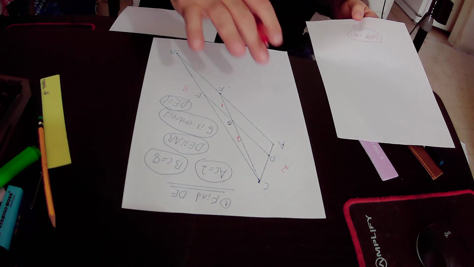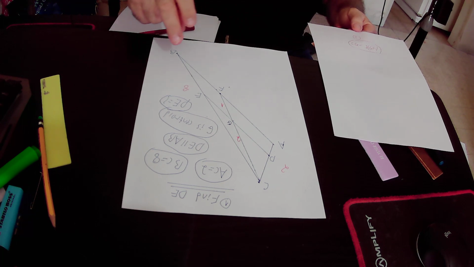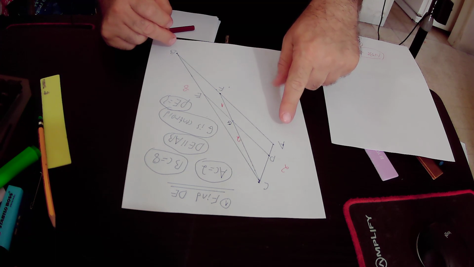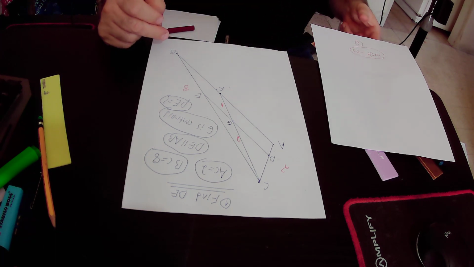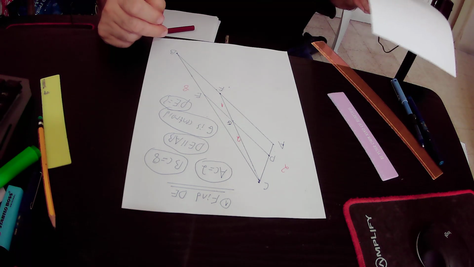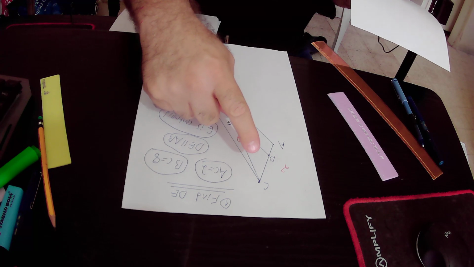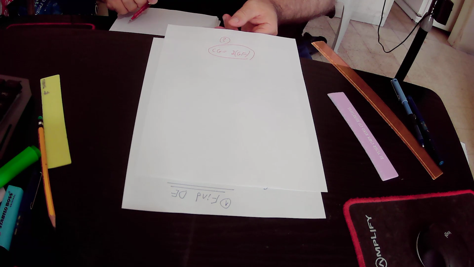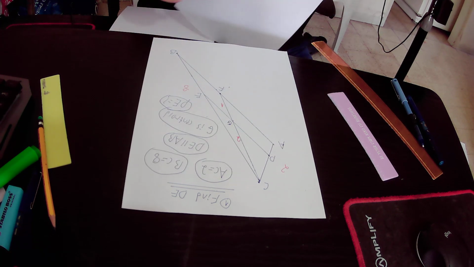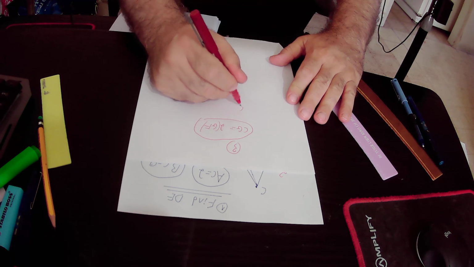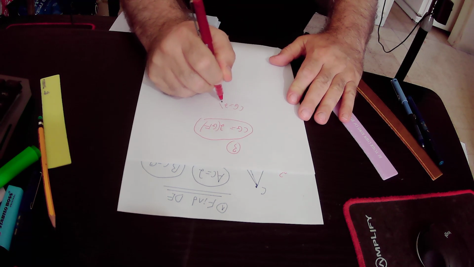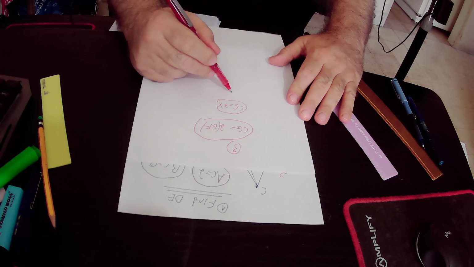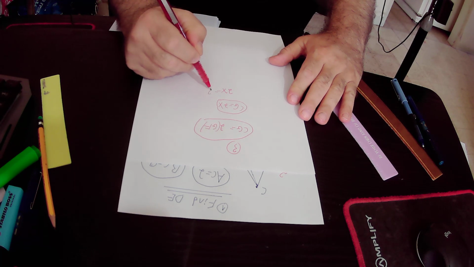Actually, CF is the median of triangle ABC, that is to say, it bisects side AB, or it divides side AB into 2 equal parts, AF equals FB, and according to rule number 1, CG equals 2 times GF. If we define CG as 2x, then we can substitute CG in this equality by 2x, and we will get that 2x equals 2 times GF.